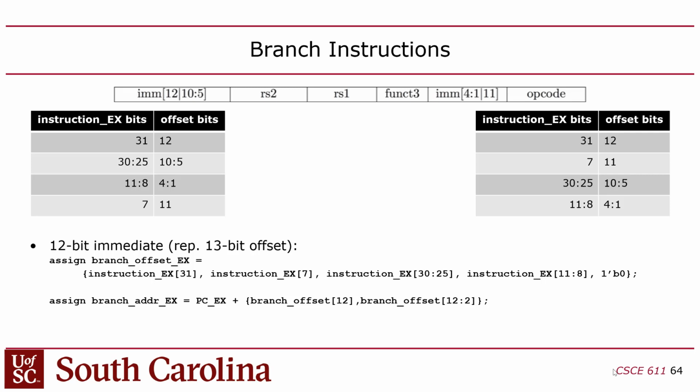So we took the sign bit, which is branch offset 12, and we added an extra one. So we sign extended it, because this part of the branch offset is only 11 bits. So we add a 12th bit here, and so this way we can add 12 bits plus 12 bits. You might say, well, wait a minute, is Verilog going to freak out if you add 12 bits to 11 bits? No, but I think Verilog will zero extend.